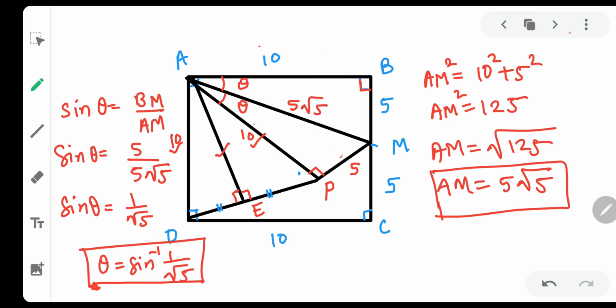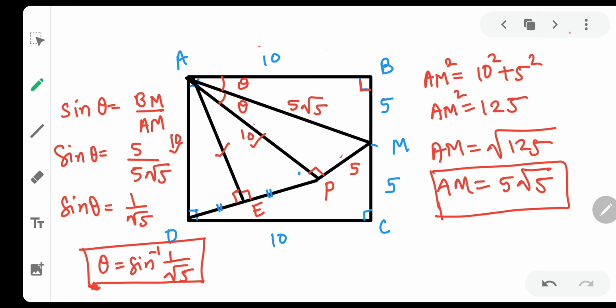Those who don't know this property can simply prove the triangles congruent, then DE will be equal to EP, just like we proved, by the hypotenuse side theorem. Or else they can directly use the property told by me: when the perpendicular is dropped from the vertex to the base of an isosceles triangle, it bisects the base. Very good.